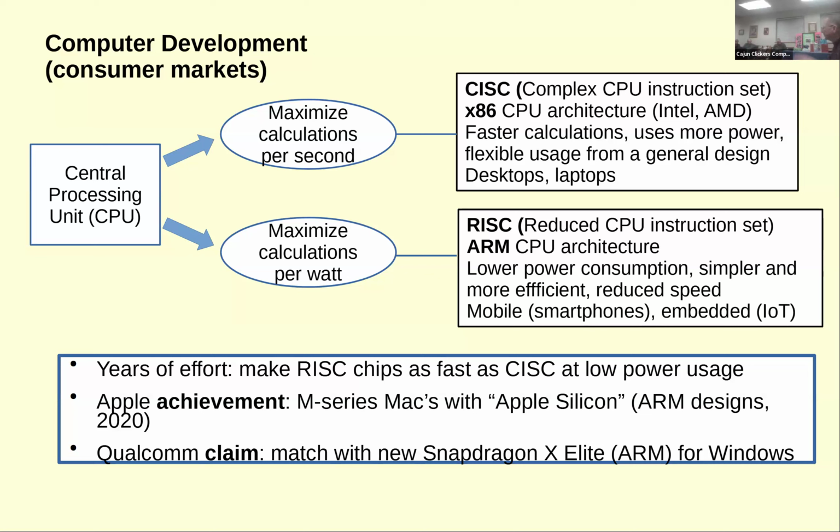Now it turns out, if you give some practical rules about what you mean by that, Apple achieved that in 2020. They came out with what was called the M series chips, the M1, M2, and they are Apple Silicon, which means Apple designed all the circuits, but they used the ARM language and the ARM basic low power design.